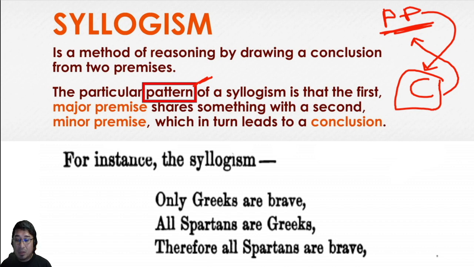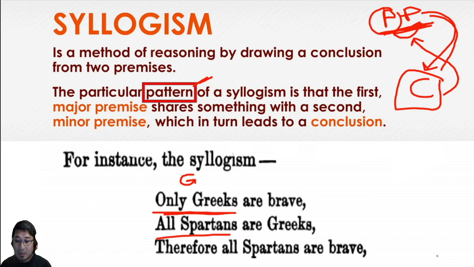The particular pattern of a syllogism is that first, meron kang major premise, and then yung major premise mo is still connected with your minor premise, which would lead to your conclusion. For example, ang major premise natin dito, only Greeks, kasi general siya. Only Greeks are brave. All Spartans are Greeks.